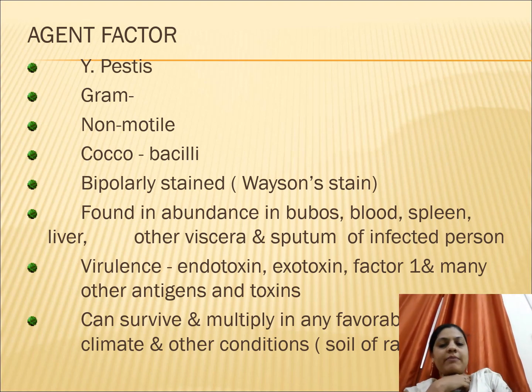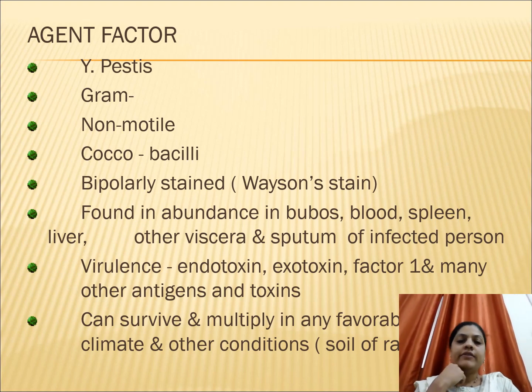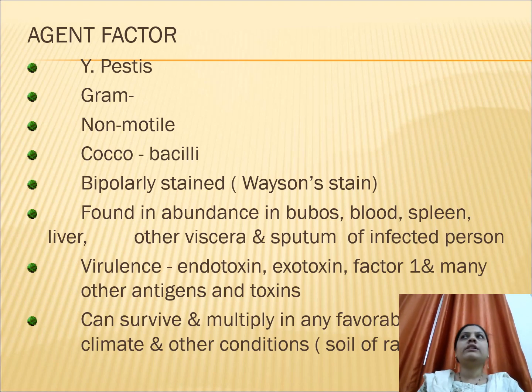It is found in abundance in the buboes, blood, spleen, liver, and other viscera. It produces endotoxin as well as exotoxin, and many other antigens are present. It can survive and multiply in any favorable climatic conditions and even in the soils of rat burrows. So it can live even outside the body of its host or vector.